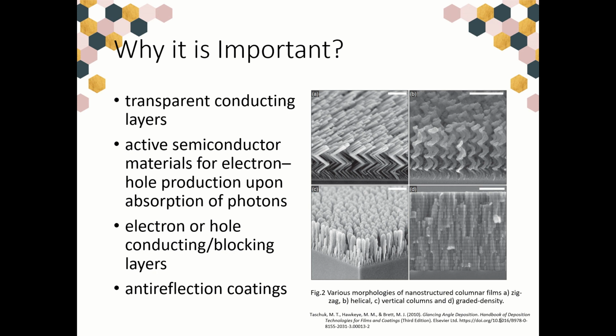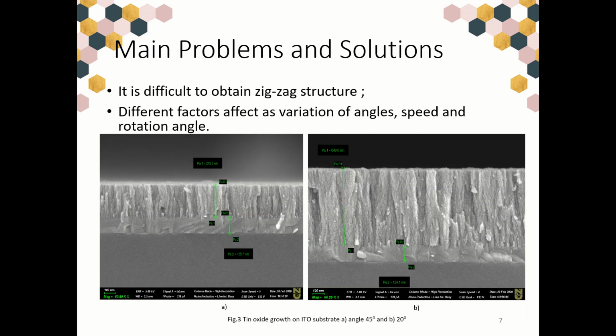So, next I'm going to talk about main problems and the solutions. It is difficult to obtain zigzag structure form. Zigzag is depositing from alternating directions at high alpha to realize a film where the column orientation switches back and forth. I tried to use equipment at Nazarbayev University from core facilities, which is called magnetron sputtering.